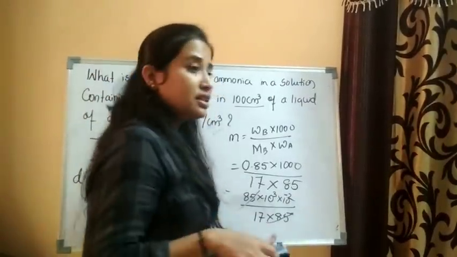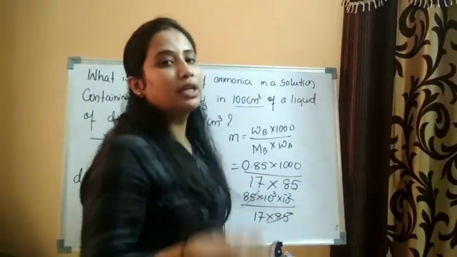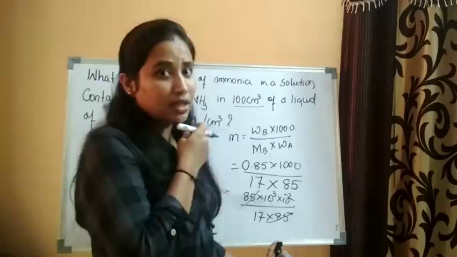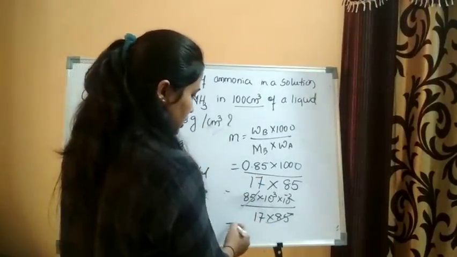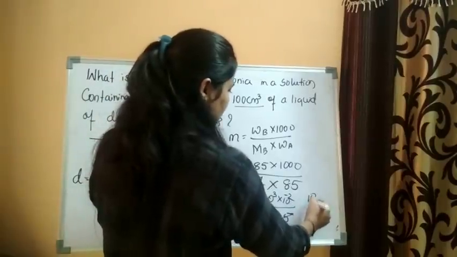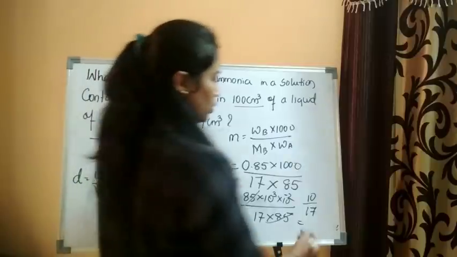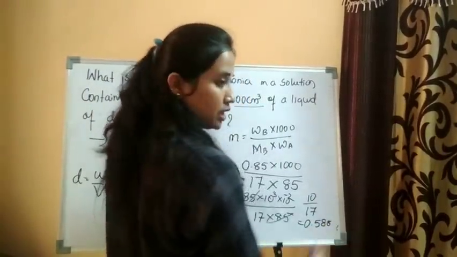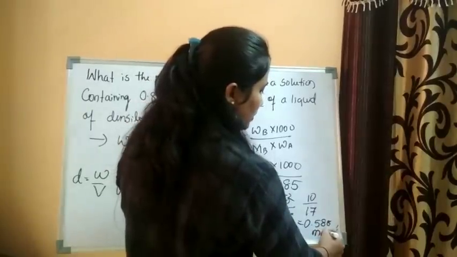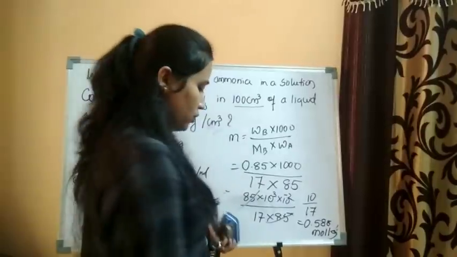Dear students, make the calculation as easy as possible, because in your competitive exam you are not going to use any calculator. When I divide and simplify, I get around 0.588, that is mole per kg. So this is an easy way of calculating.